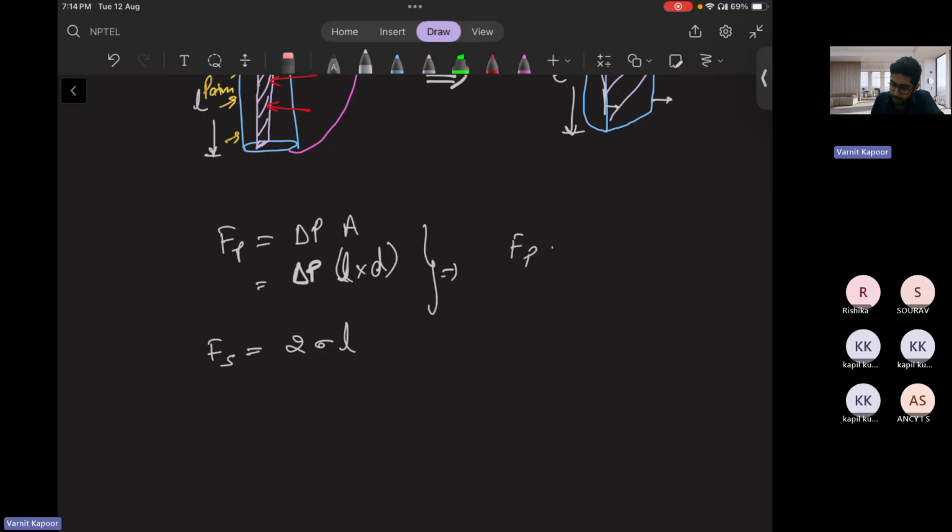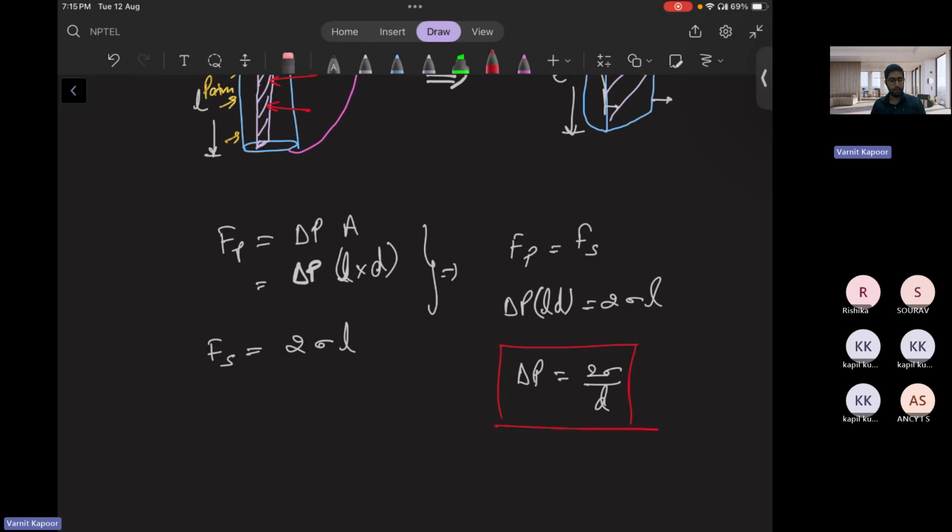That is for equilibrium, Fp is equal to Fs. So delta P into LD is equal to 2 sigma L. So delta P will eventually be 2 sigma by D. This is your pressure difference for the equilibrium situation.